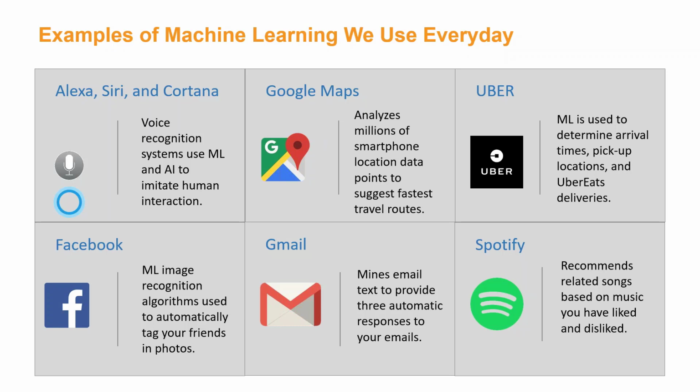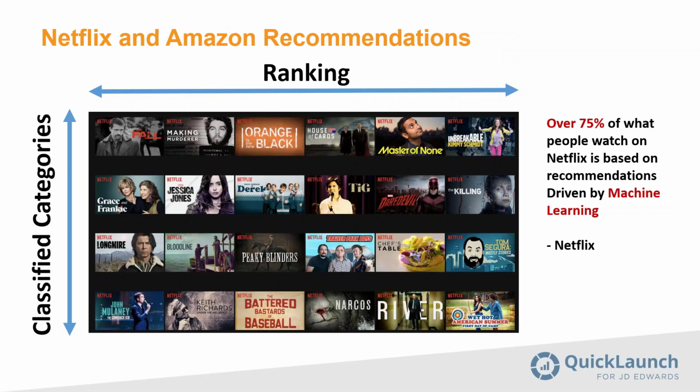So as consumers, we're exposed to AI every day, from your Netflix recommendations to your Google Maps route. The intelligence behind these predictions is all powered by machine learning algorithms. And two of my favorite examples are Netflix and Amazon.